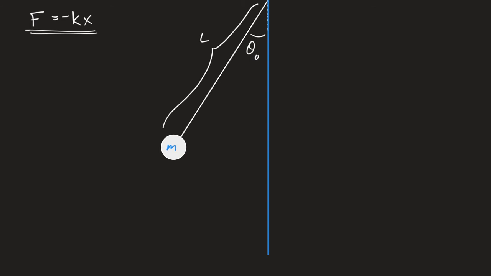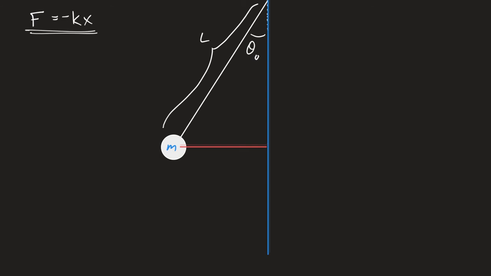Now, this part's not terrible, but I think some of you would think one of the best ways to measure it would be this way, which would be pretty easy to do. And L sine theta would give it to us.